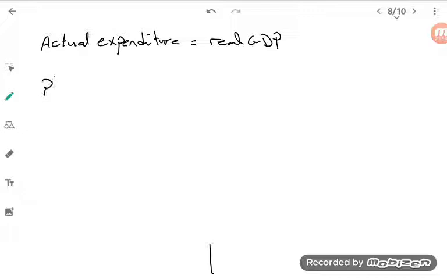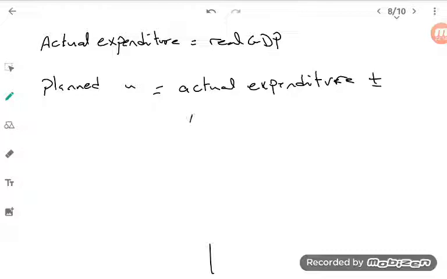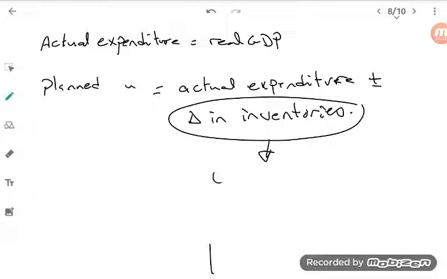While planned is equivalent to actual expenditure plus or minus a change in inventory. And this is unplanned expenditure.